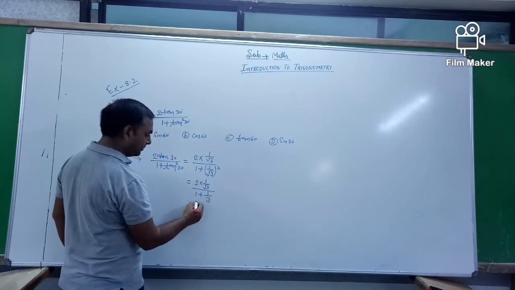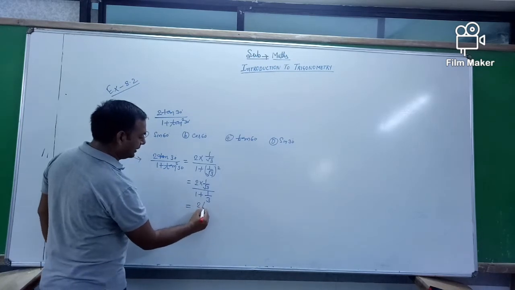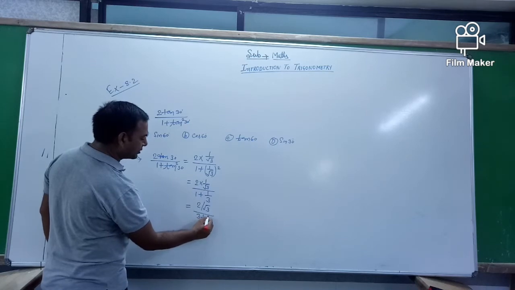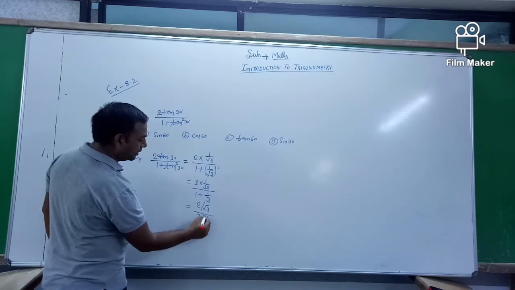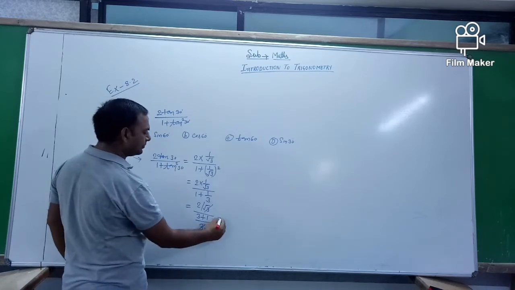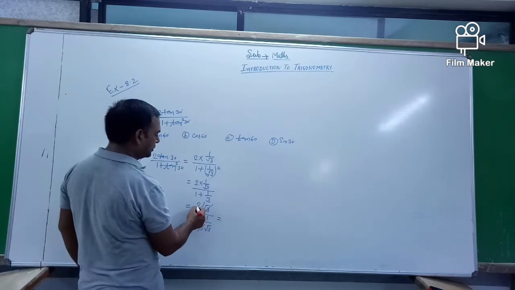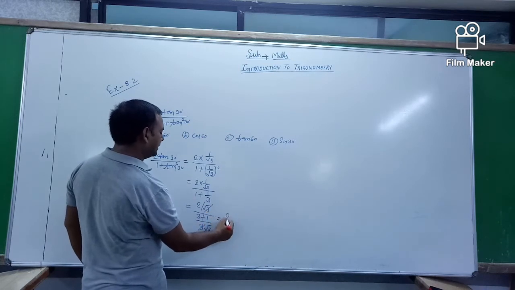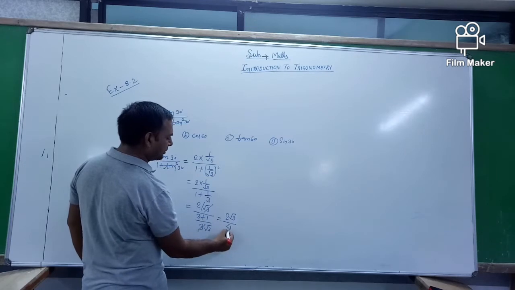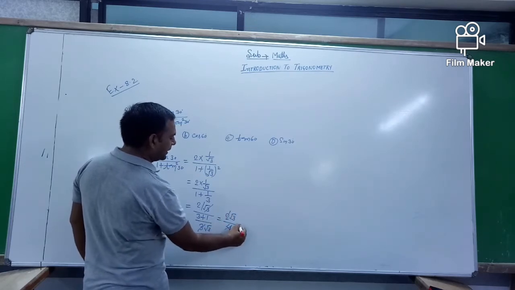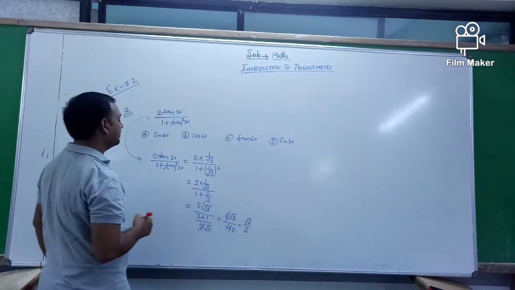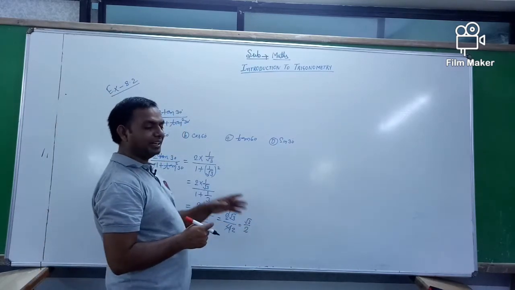You take the LCM, then 2 by root 3, and here 3 ones are 3 plus 1 by 3. Root 3 is cancelled by 3 by root 3 times. Then this is equal to root 3 multiply 2, that is 2 root 3, and divide by 3 plus 1, that is 4. 2 2s are 4, that is under root 3 by 2. Okay, means under root 3 by 2.